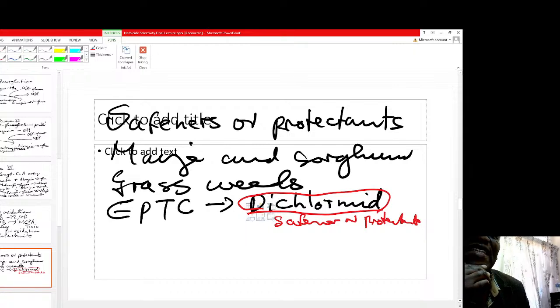So within the formulation of EPTC, they have to put dichlormid in order to protect maize.